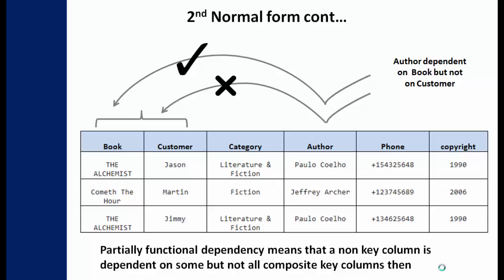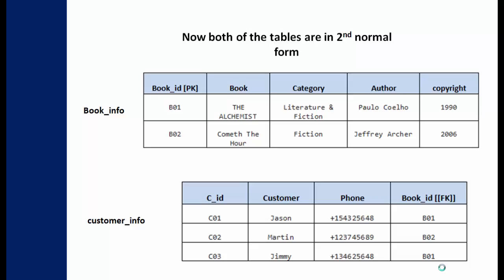We need to remove this dependency, and for that we have to further divide this table. So what we have done is we have removed partial functional dependency. We have divided the table into two parts and assigned a primary key in both tables. So we have created a book info and customers info table.